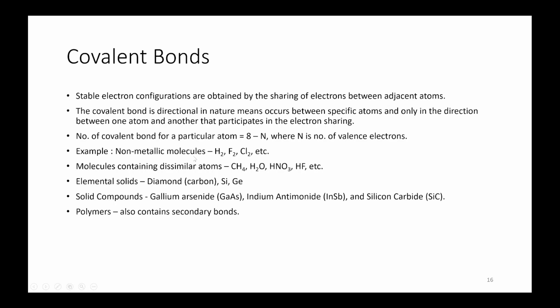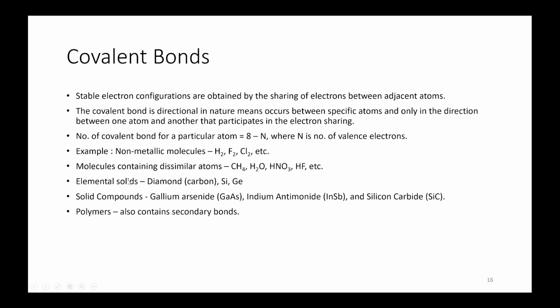Examples are non-metallic molecules like hydrogen, fluorine and chlorine. These gases will have covalent bonds between them. Molecules containing dissimilar atoms like methane, H2O, HNO3, HF will also have covalent bonding, so sharing of electrons will be there.